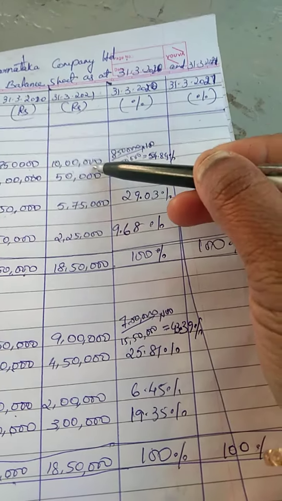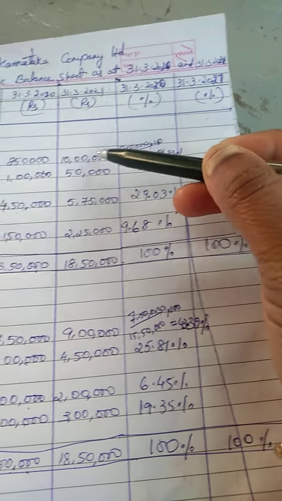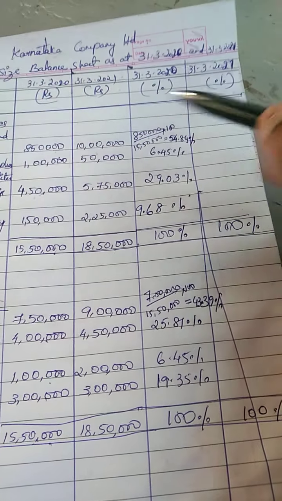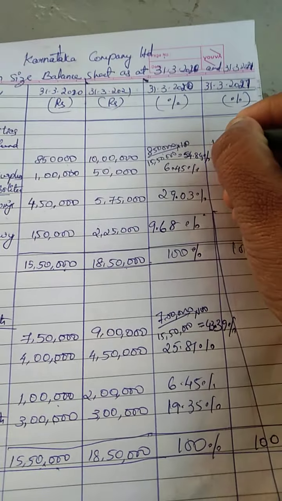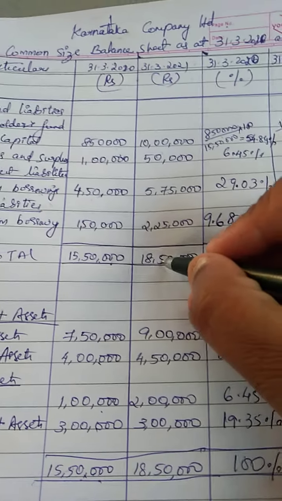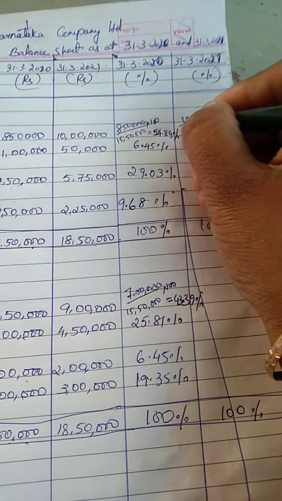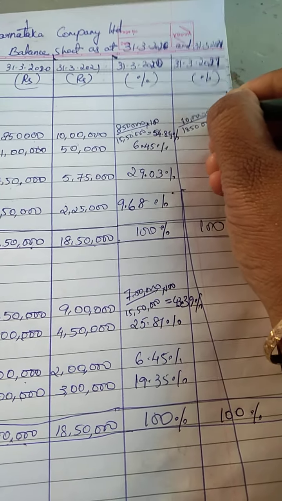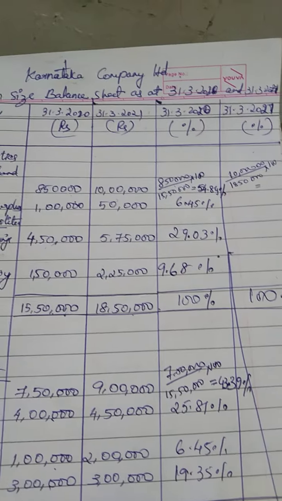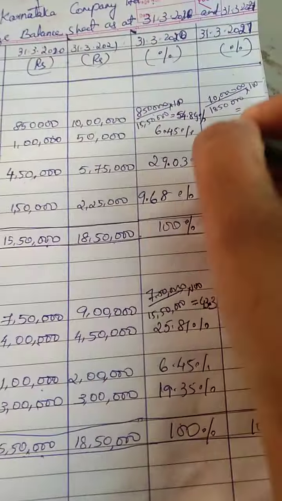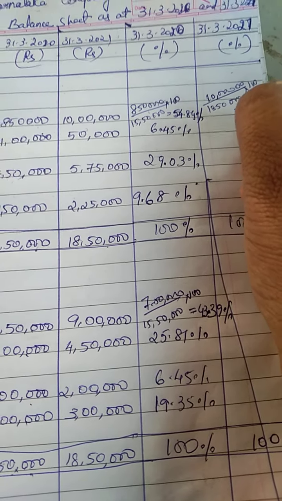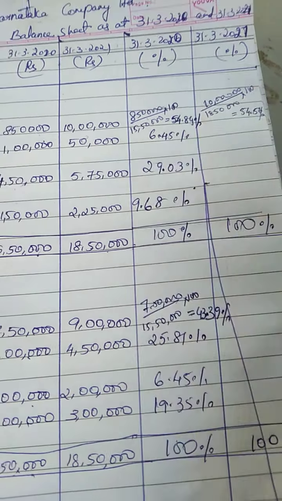For 31/3/2021, take the value of 2021, each item divided by the total of that year into 100. So 10 lakhs divided by the total, which is 18,50,000, into 100 will give me 54.05 percentage.